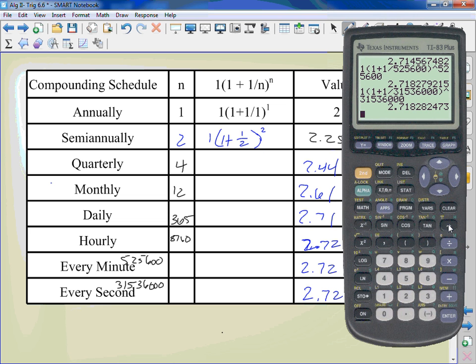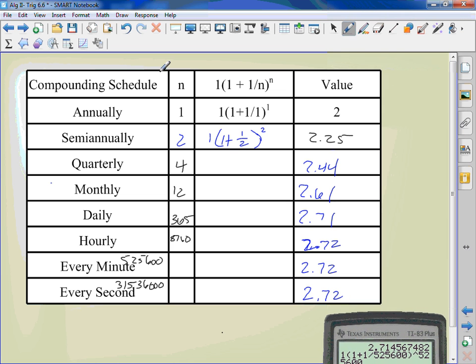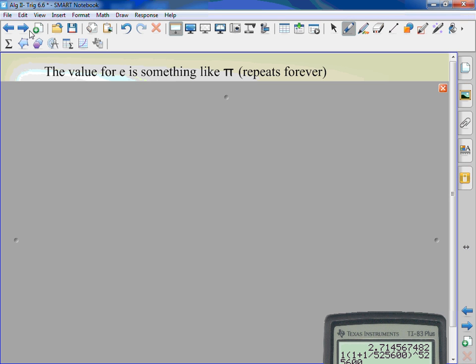This is very similar to pi, right? We just use 3.14. e is very similar to pi. The approximation for e is 2.72. This is where e comes from. The reason why the letter e was picked, I have no idea.